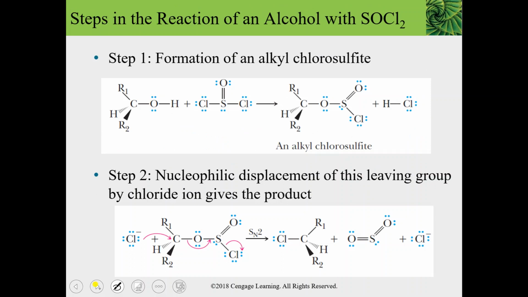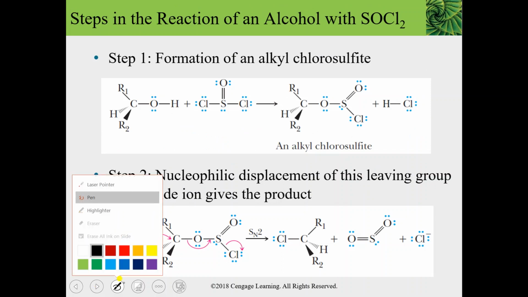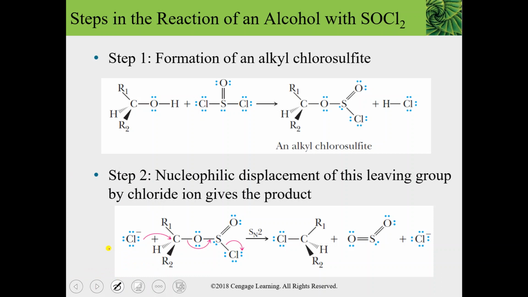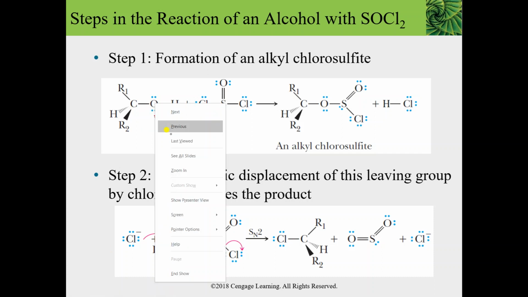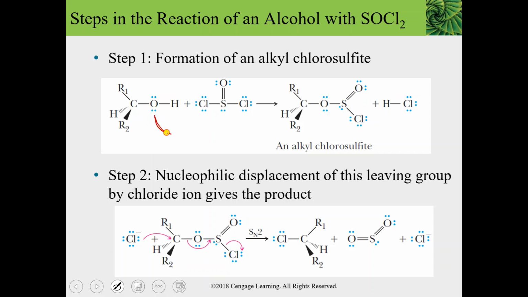Here's the reaction mechanism. The very first thing we're going to do is form the alkyl chlorosulfite. Well, Miss Merriweather, what in the heck does that mean? Well, what that means is that this oxygen is going to go ahead and attack that, and that's going to get kicked off.